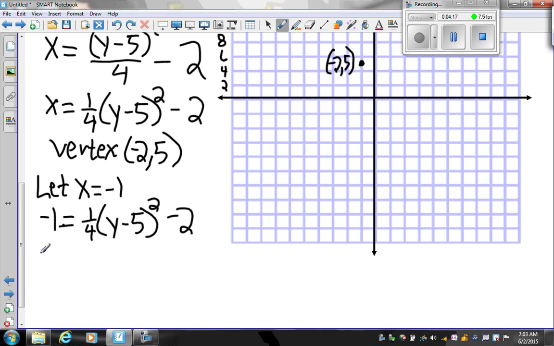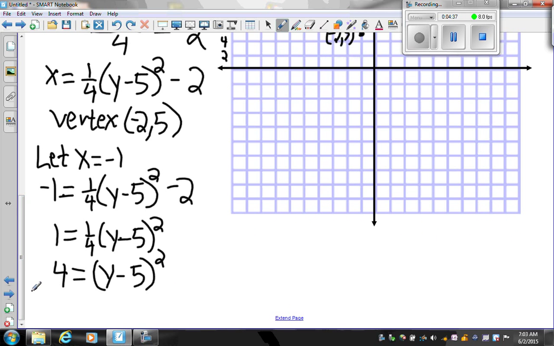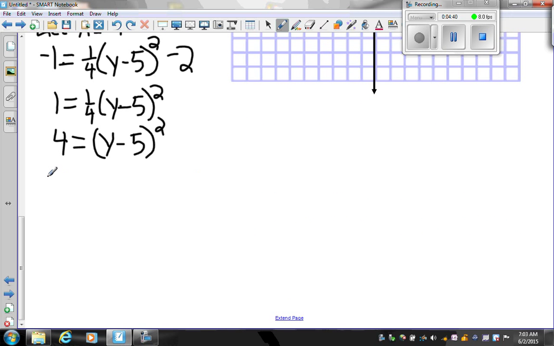If we add 2 to both sides, we have 1 equals 1/4 times y minus 5 squared. 4 is equal to y minus 5 squared, which means that plus or minus 2 is equal to y minus 5. Just apply the square root property there. Adding 5 to both sides gives us y is equal to 7, or y is equal to 3.